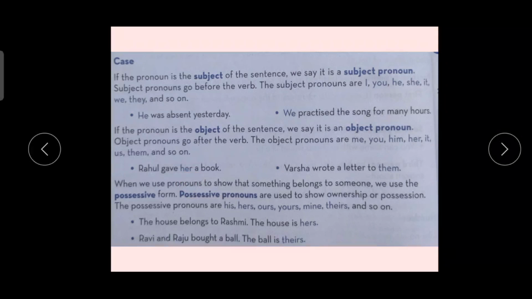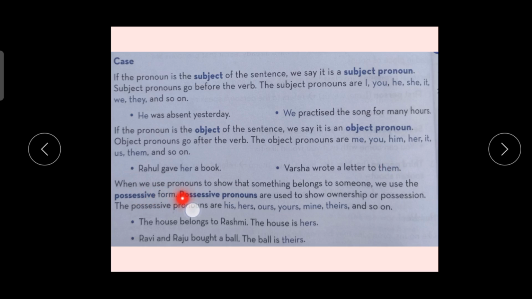So we can say that her is an object pronoun. Here also you can see that the pronoun is placed after the verb wrote. So, them is an object pronoun.